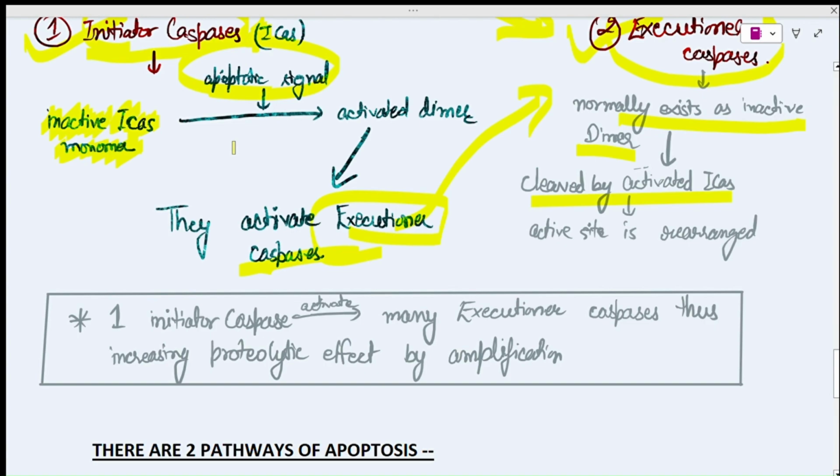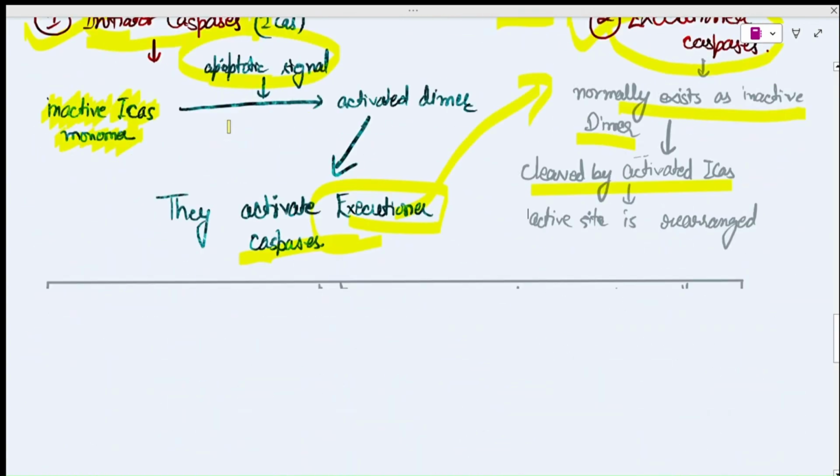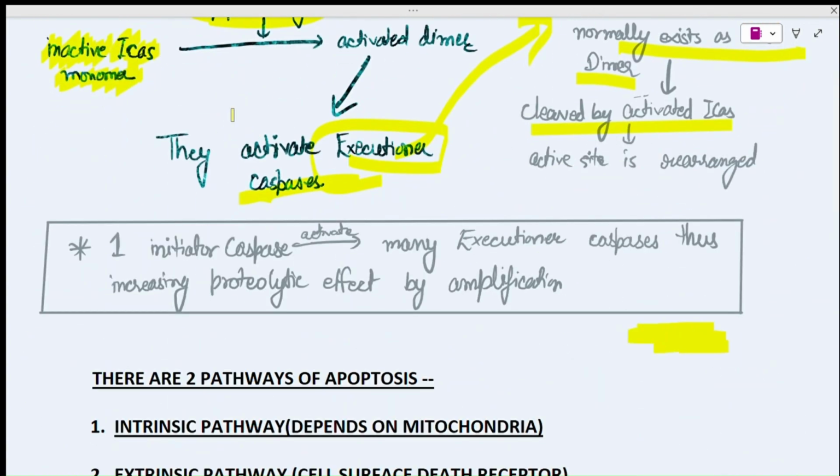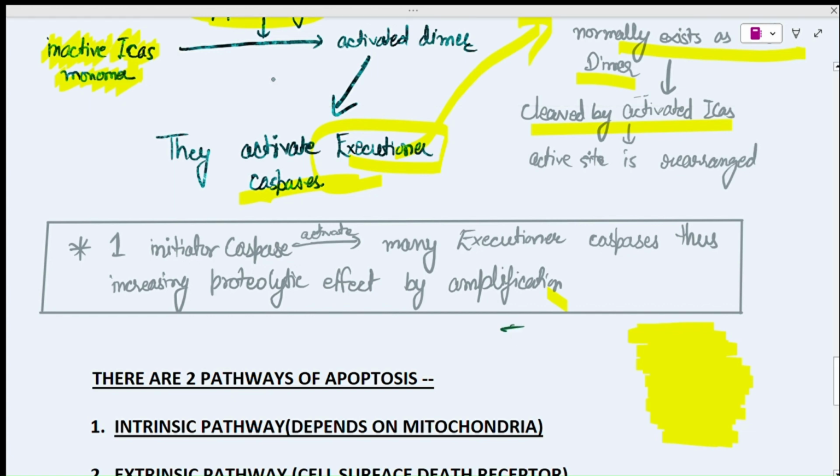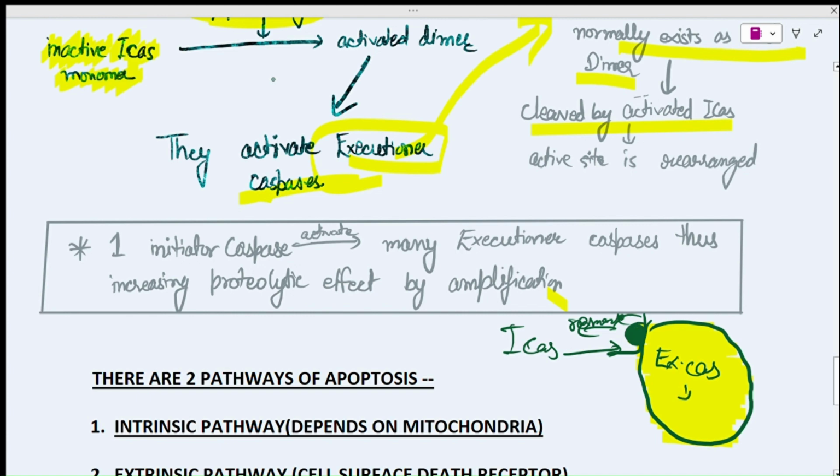Let me draw it for you. Suppose this box is an executioner caspase. When an initiator caspase comes, it will cleave a certain part of this caspase, and when that is removed, this executioner caspase will get activated. And only when it is activated will it perform apoptosis.